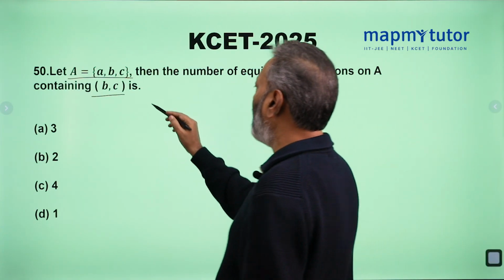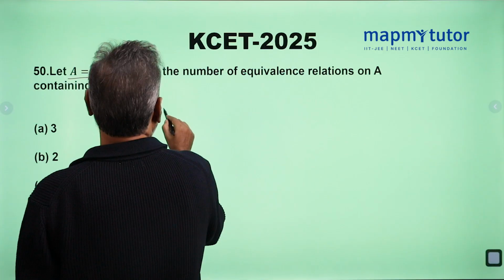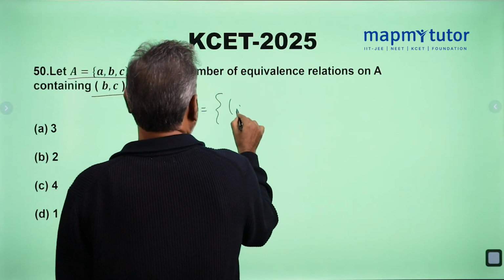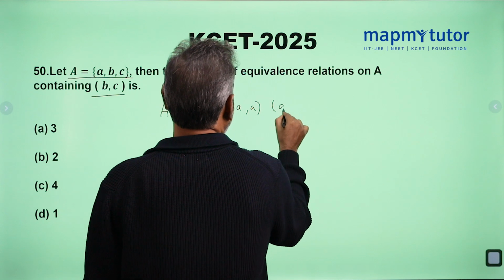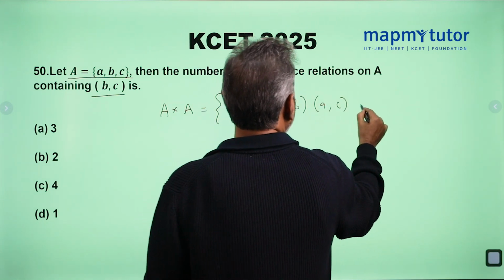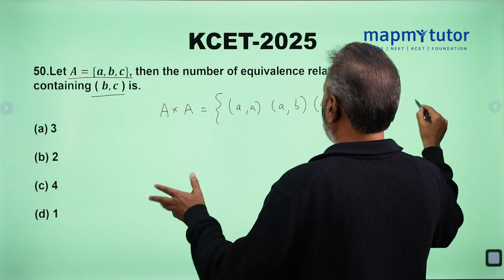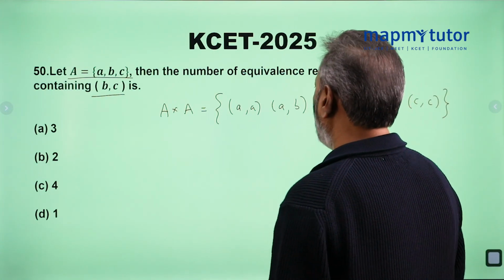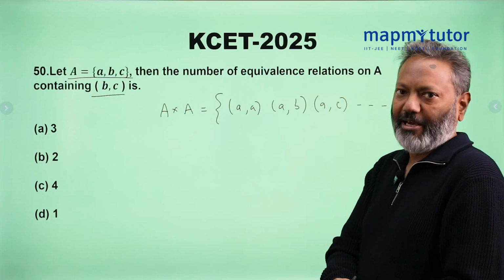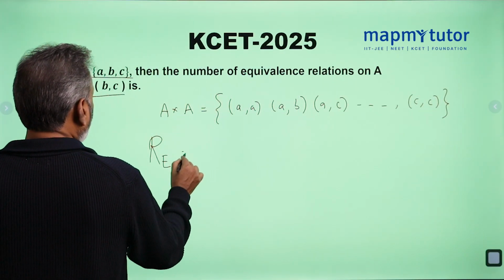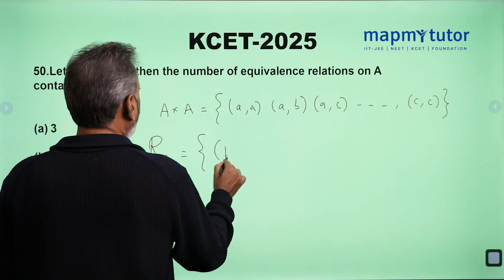And since (b, c) is a must, I can write A cross A as AA, AB, AC, and like that BA, BB, BC, and like that CA, CB, CC is the last. So 9 ordered pairs will be there in A cross A. Now I need an equivalence relation which must contain BC.